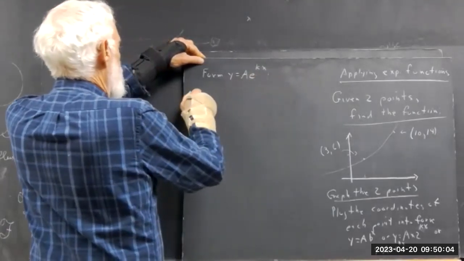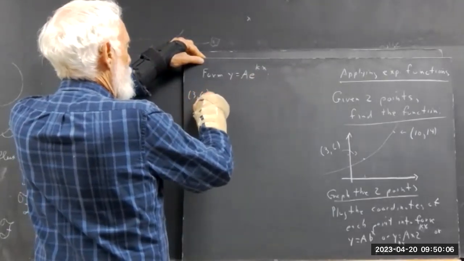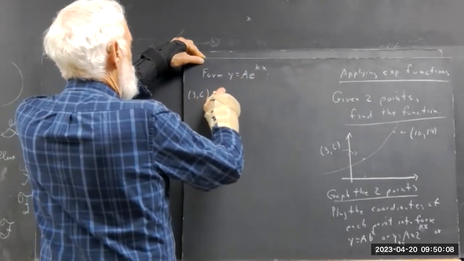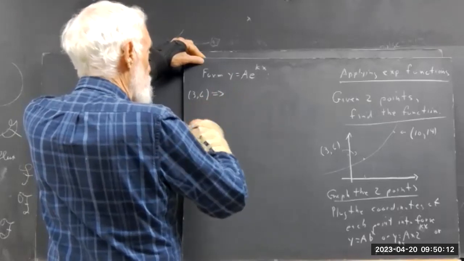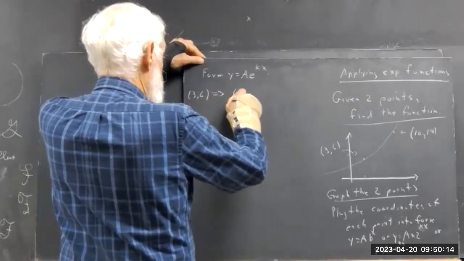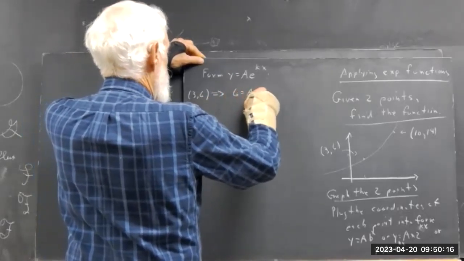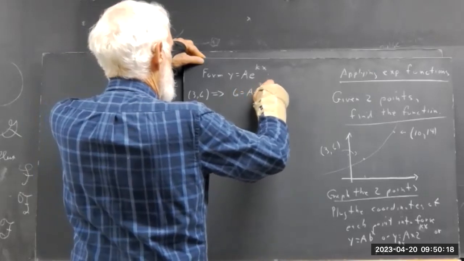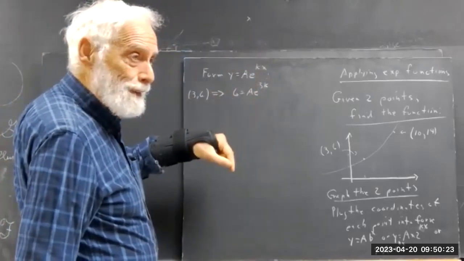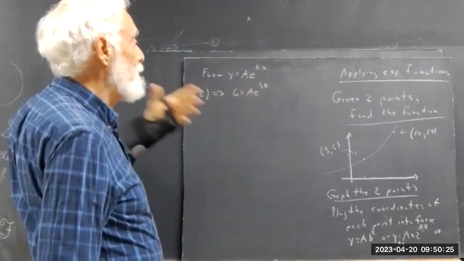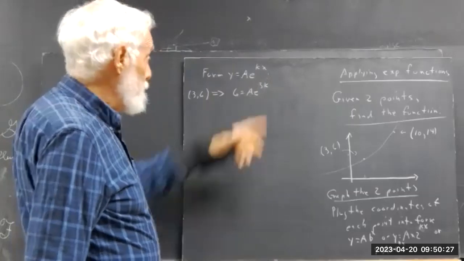The point (3,6) gives you, that's an arrow, not an equal sign, I'll write that as 3k, even though it says kx. kx is the same as x times k, and x is going to be a number.